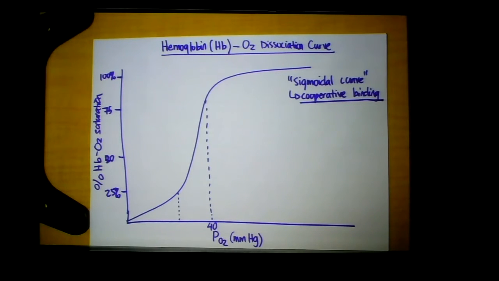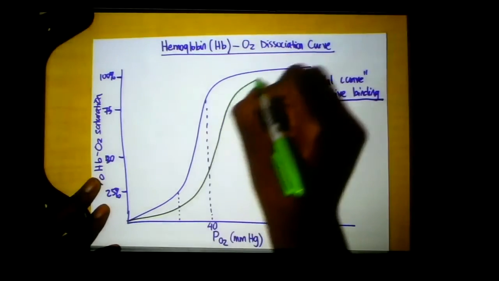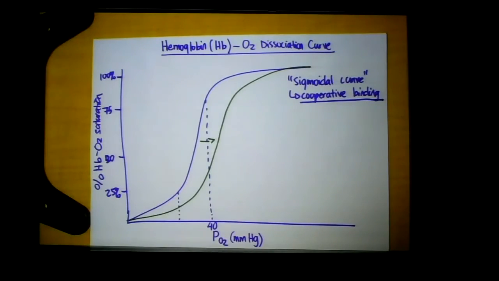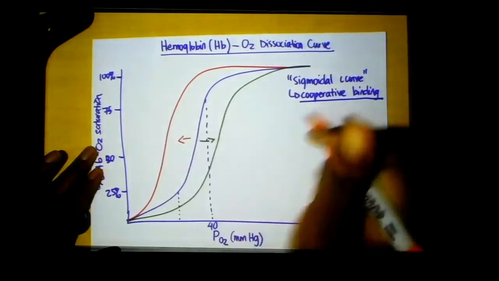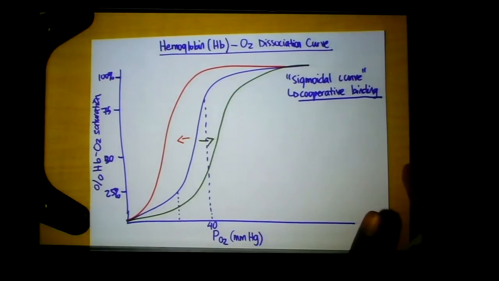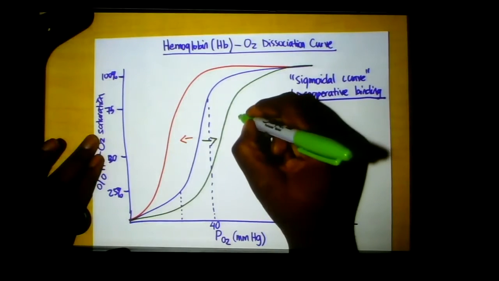What we're going to speak about now is when the curve shifts to the right and when the curve shifts to the left, and what are some factors that cause that. Okay, so let's describe the right shift first.